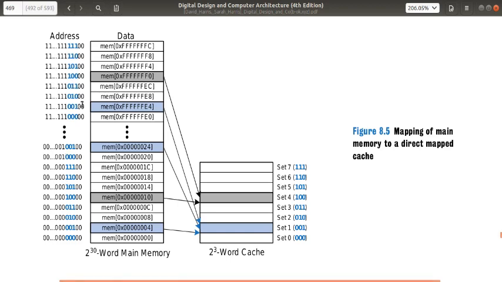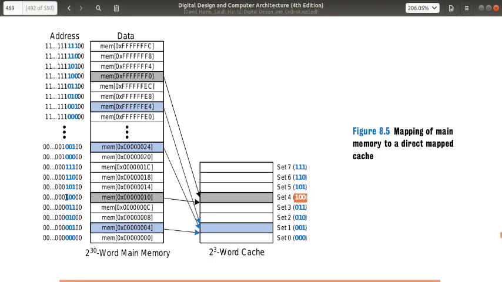So what we are doing is we are considering the set number and these 3 bits, the bits given in blue, not the last 2 bits, but the next 3 bits. Here these 3 bits are 100, and we are putting it here. What is the set number? 4, and what is the combination? 100.